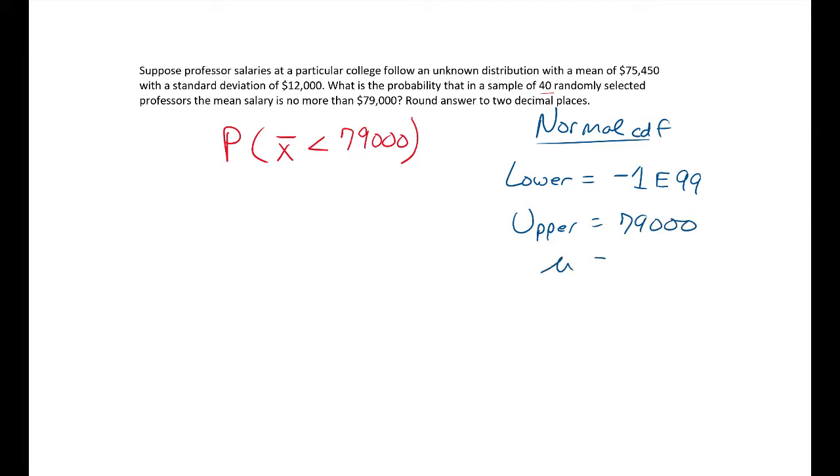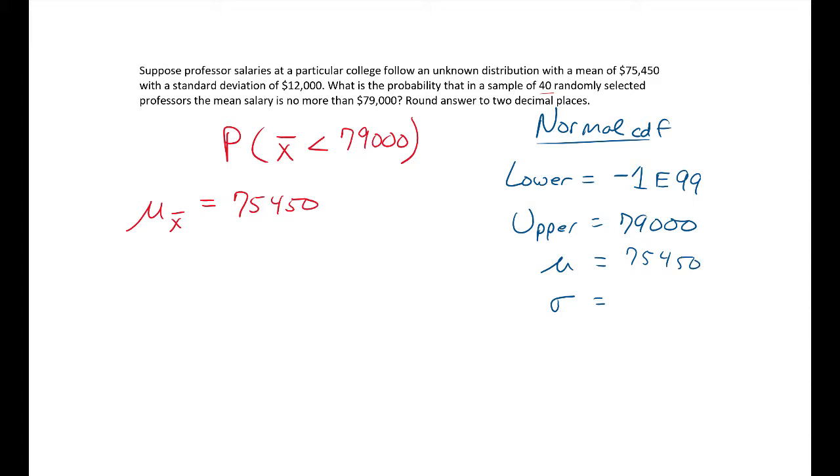For the mean and the standard deviation, we have to apply the central limit theorem. The central limit theorem says the mean of this sampling distribution, which is what the X bar represents, the mean of the sample means, is equal to the population mean. The mean for all the professors at this college is 75,450. So in Normalcdf, we're going to put in 75,450 for our mean.